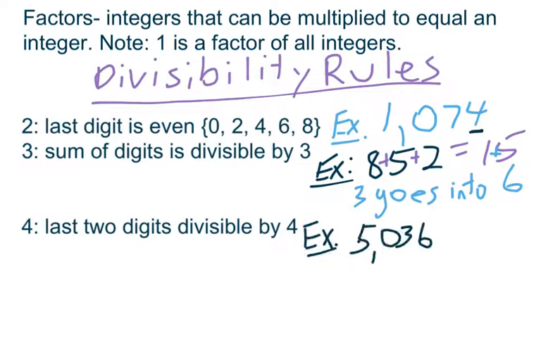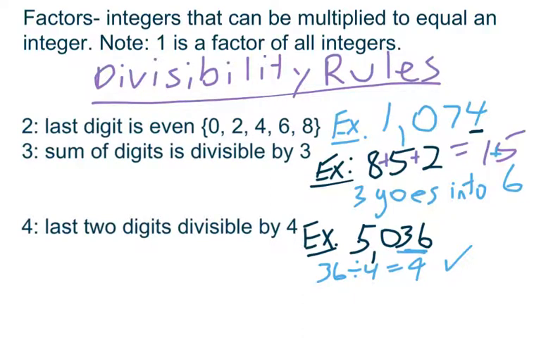So check out this number, 5036. You don't need to divide the whole thing out, just look at the last 2, and will 4 go into 36? We'd say 36 divided by 4 equals 9, so it does. So just check the last 2.